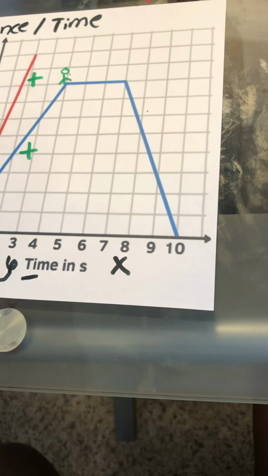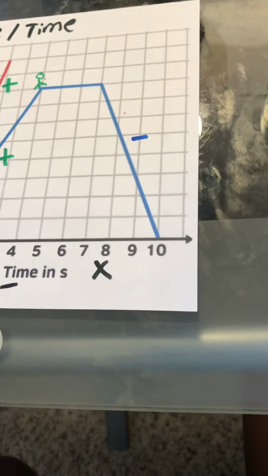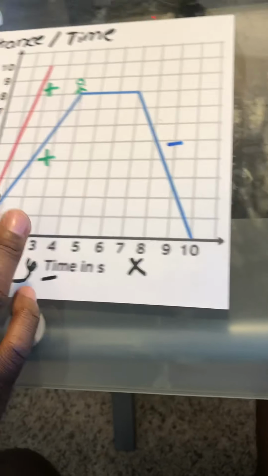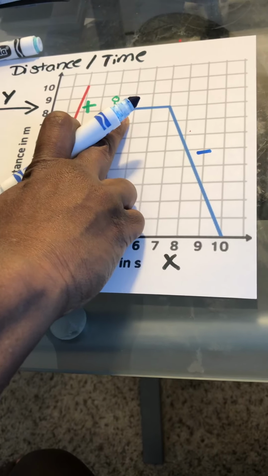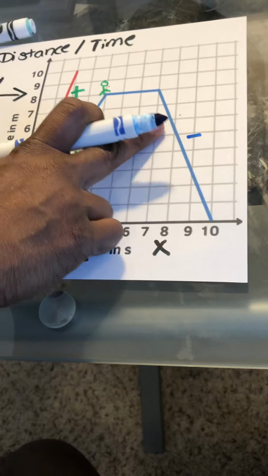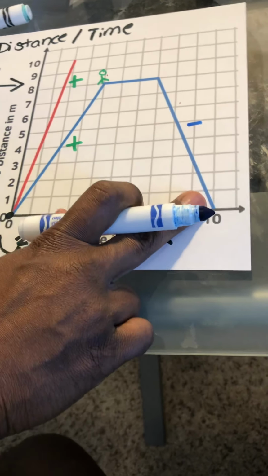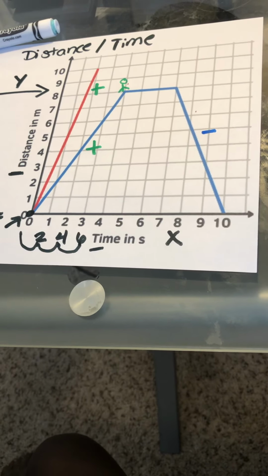So that's going to show a negative acceleration. Okay. So they began to run, positive acceleration, they stop, but time continued to pass, and then they slowed down and decreased their speed. That's it for distance time graphs.